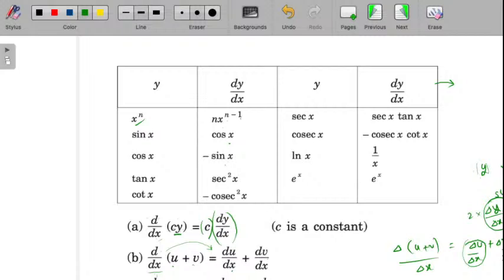Therefore, the way to approach this is by finding out del of uv. Once you do that, we would arrive at such a relation: u del v by del x plus v del u by del x. Similarly, d by dx of u by v. In place of v, when we substitute 1 by v here, we would get the similar result: v du by dx minus u dv by dx, all over v square.